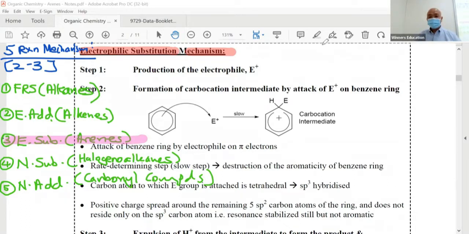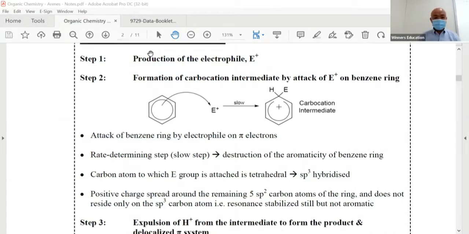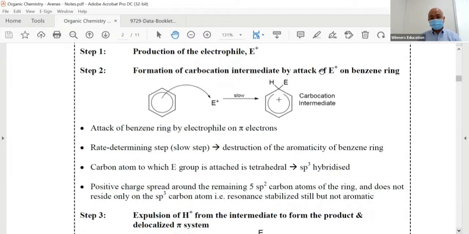Ready? Ladies and gentlemen, electrophilic substitution tells you you need to have an electrophile. So step 1 is to produce an electrophile, E+. Now, let's recap what an electrophile is. Electrophile means electron seeking, electron loving.